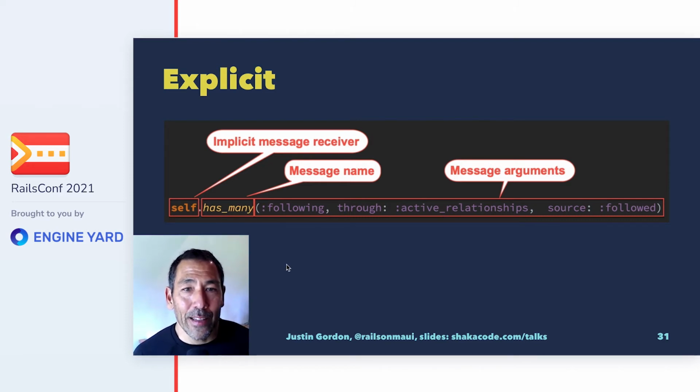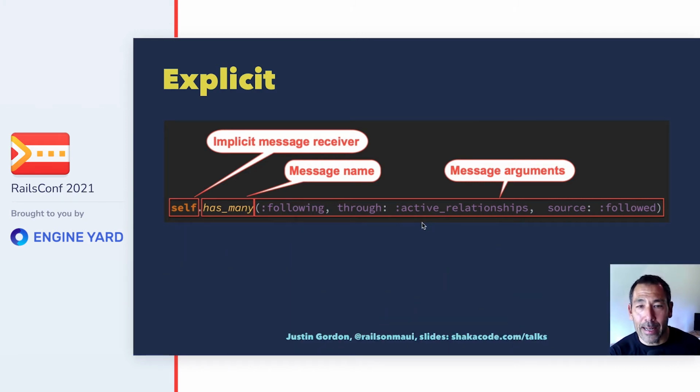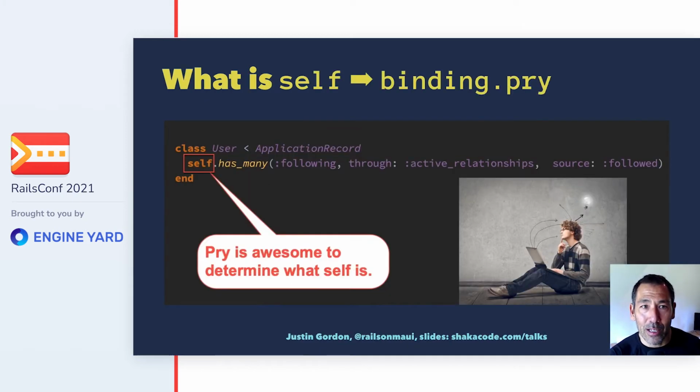So here we have the implicit message receiver self, which, as I've mentioned, is almost never written out explicitly. It's usually there implicitly. You have the method name, hasMany, and there we have a dot showing you that we're actually invoking a method. And there inside the parentheses, you have the message arguments. So now it's really crystal clear, that implicit and explicit.